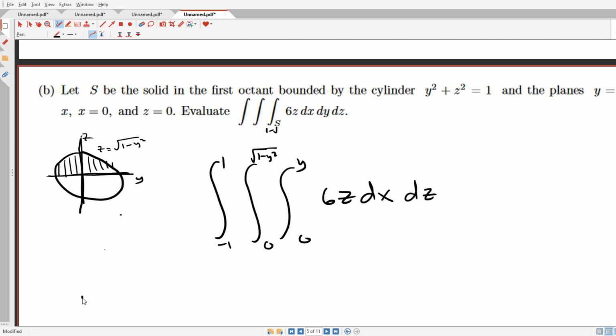So in the xy plane, we have this, but it goes from -1 to 0. Oh, because it has to be bounded by the plane. Okay, yeah. So because it's bounded by this plane, y equals x and x equals 0, it's kind of like this region right here.